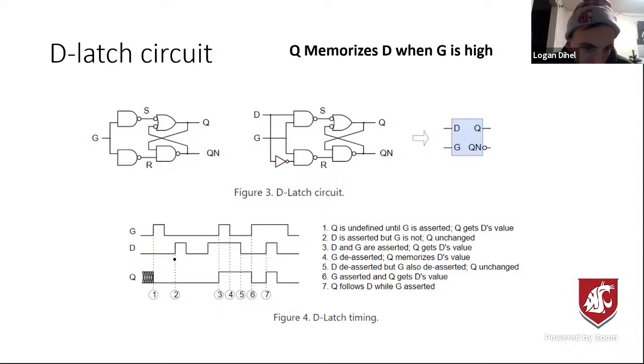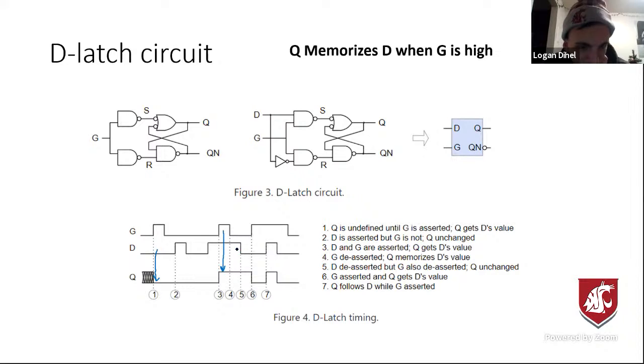Here's an example. Right here, G goes high, and so Q memorizes what D is, right? You see that D changes right here, but Q doesn't care because it memorized. And when we get to this one, this is where it memorizes the output again.